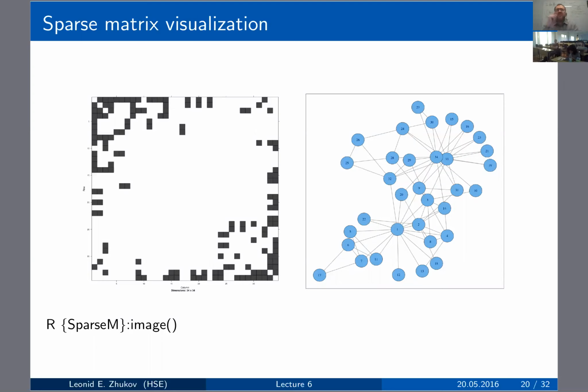So I also want to briefly touch upon a very important and practical way of visualizing graphs, which is drawing the adjacency matrix. The reason it's important is that quite often, especially with large graphs and large networks, it's almost impossible to see them and do a good job visualizing them.